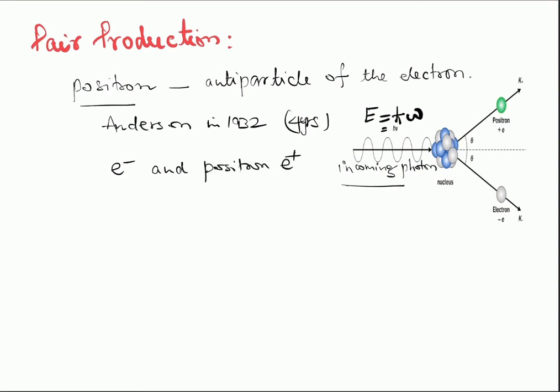This process is called pair production. Anderson observed such a process by exposing a lead foil to cosmic rays from outer space, which contained highly energetic X-rays. Due to charge, momentum, and energy conservation, pair production cannot occur in empty space.